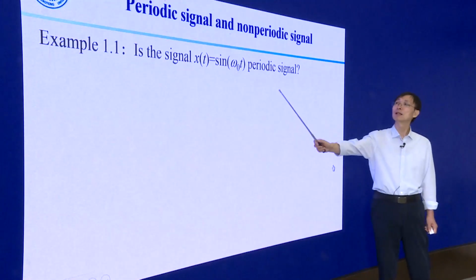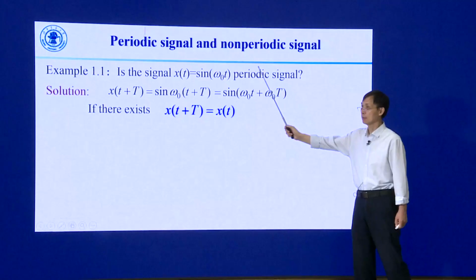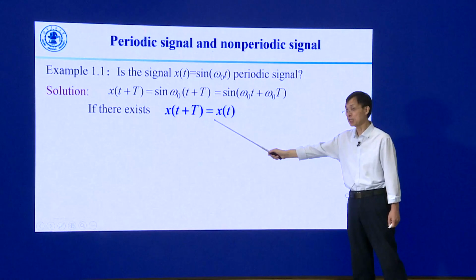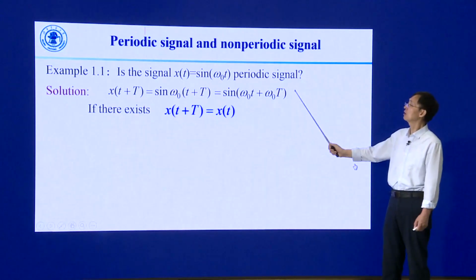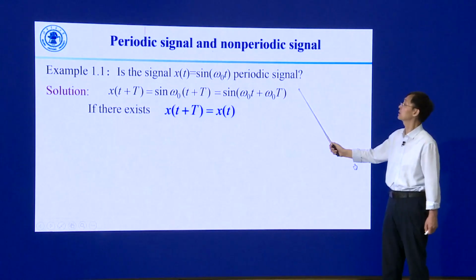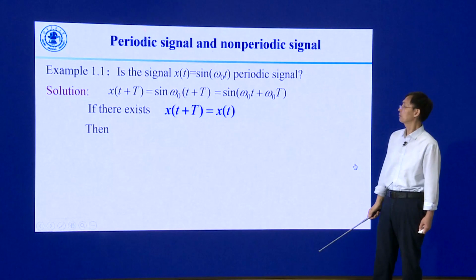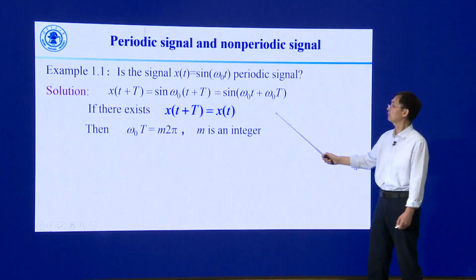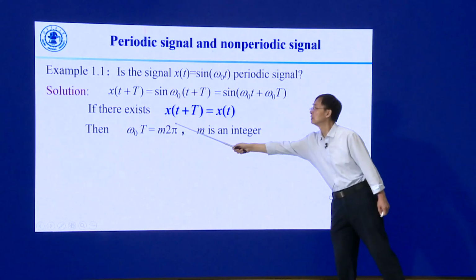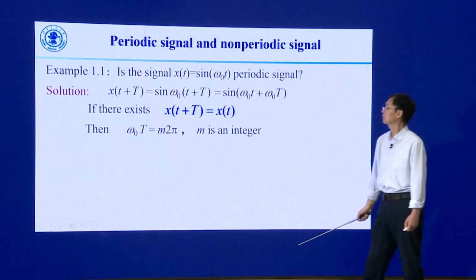For example, this sine signal, a periodic signal: if we can find the T, the signal can be a periodic signal. For the sine function, if this equation can be satisfied, this condition should be satisfied.